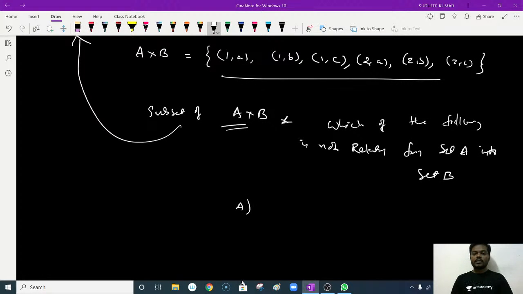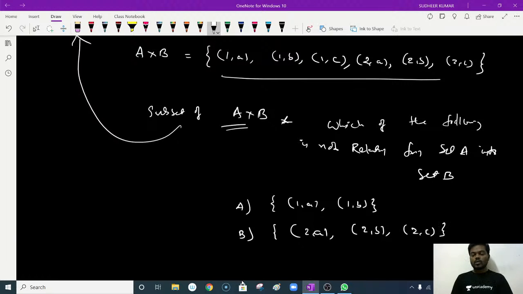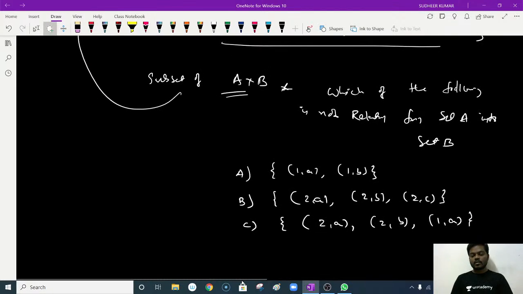Option A is the set of 1a, 1b. Option B is the set of 2a, 2b, 2c. Option C is 2a, 2b, 1a. And option D is 1a, 1b, 3b.